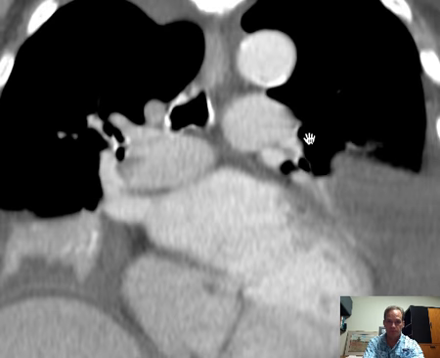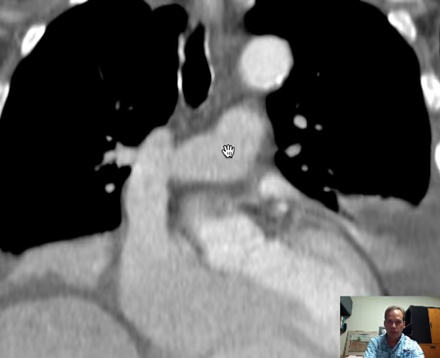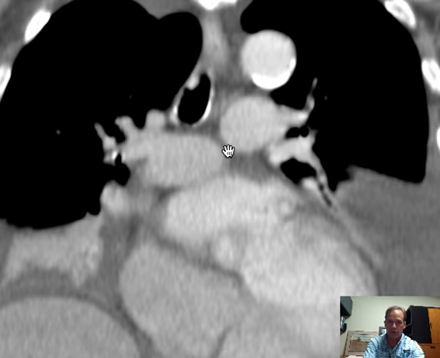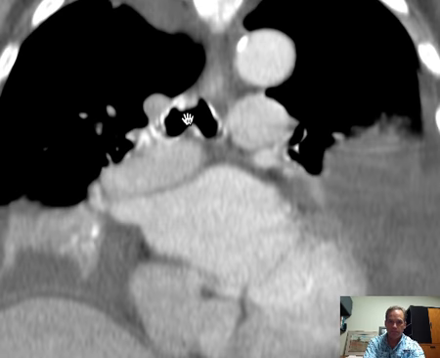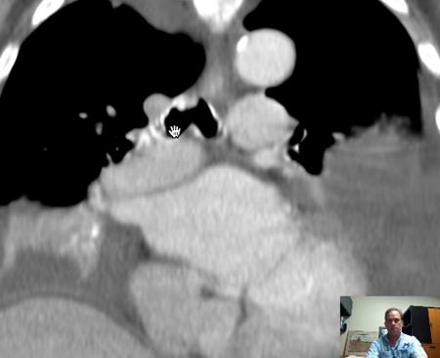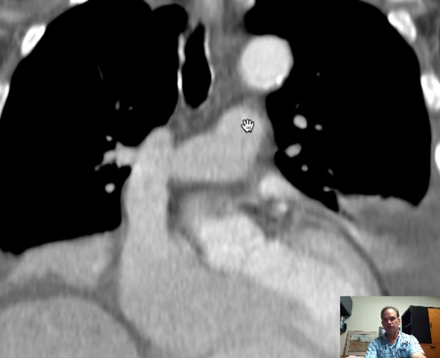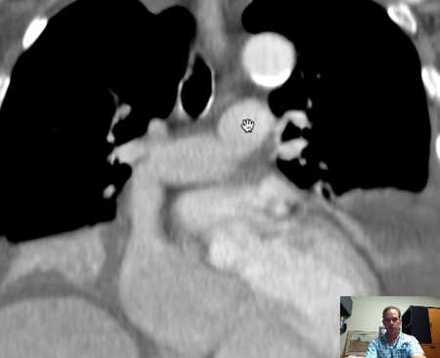Think about it. So right above the branching of the main pulmonary artery, you see that the trachea branches into left and right mainstem bronchi. So this is an unusual case of pulmonary arterial hypertension with very large pulmonary arteries.